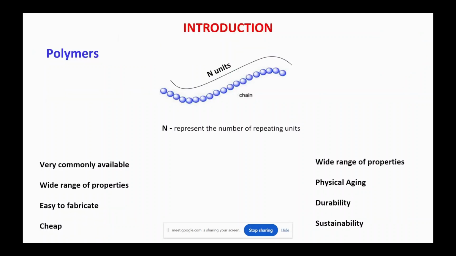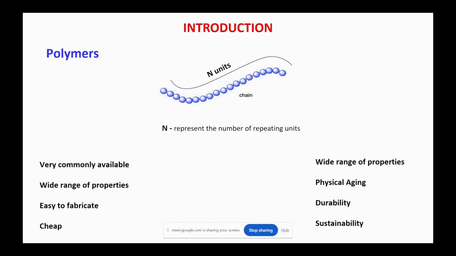So what's a polymer? As I hope everybody has an idea, but let me reiterate it. A polymer is a chain of monomers which are connected in series together. A large number of repeating units connected together form a polymer. It is a very big chain.